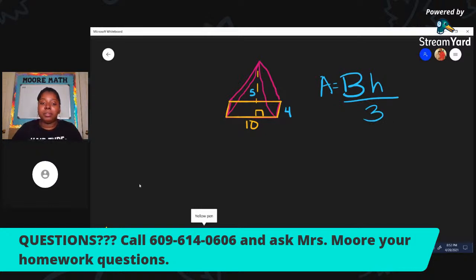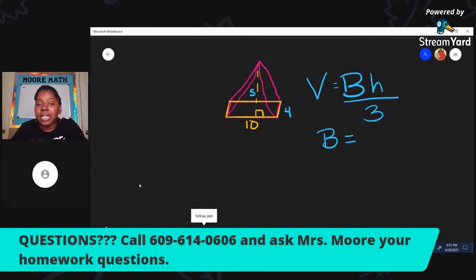Okay, that's the volume. You just told me the base was a rectangle. So give me the area. What's the area of this rectangle?